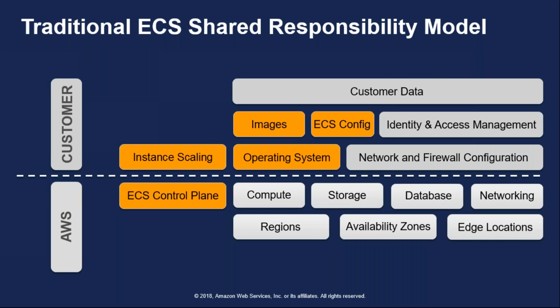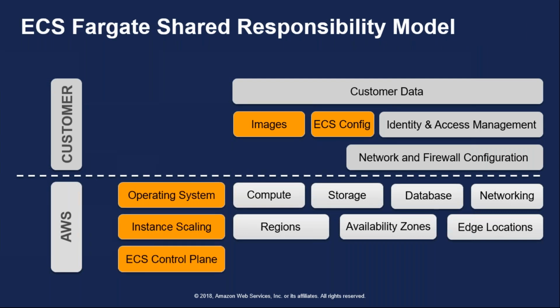You are managing your Docker images, your instance scaling, your operating system within the instance. AWS actually manages whatever is below this horizontal line. Specifically, the ECS control plane is the one which AWS is managing. In Fargate mode, the operating system and the instance scaling is also part of AWS's responsibility. You don't have to bother about that.